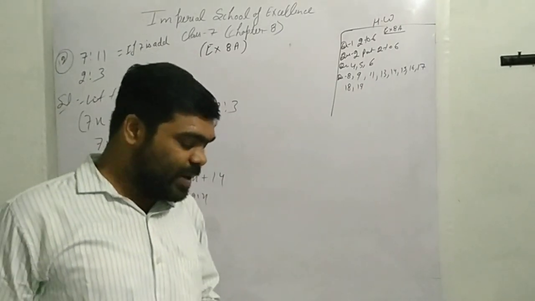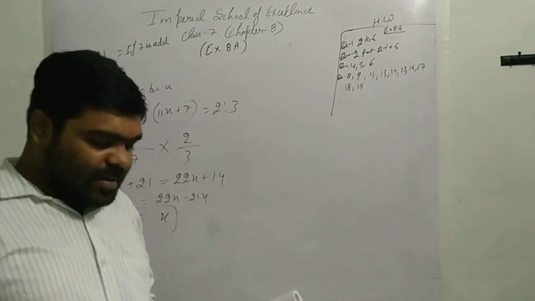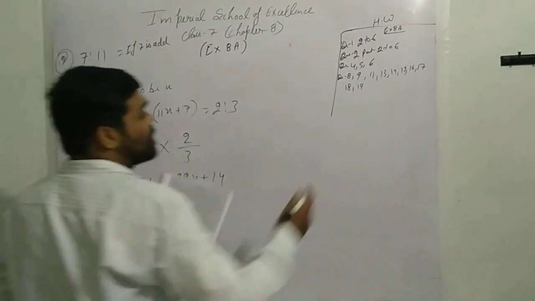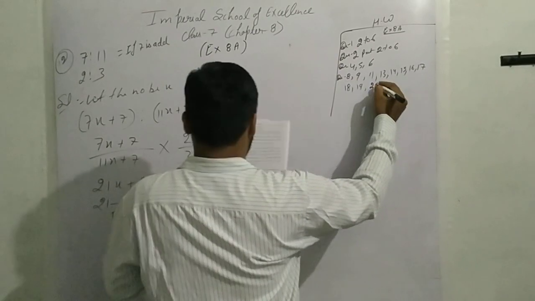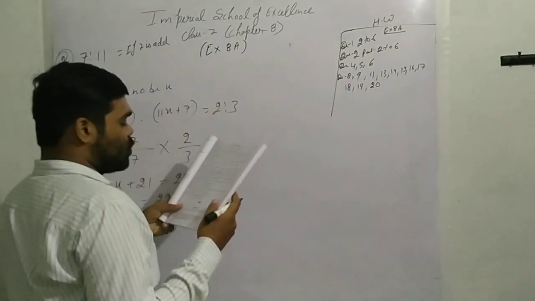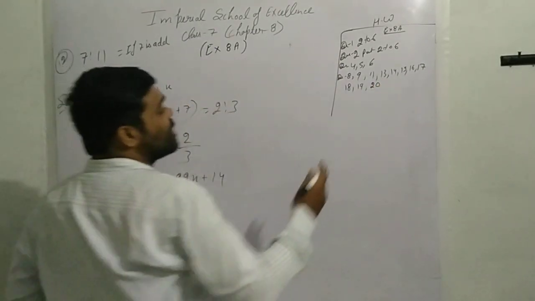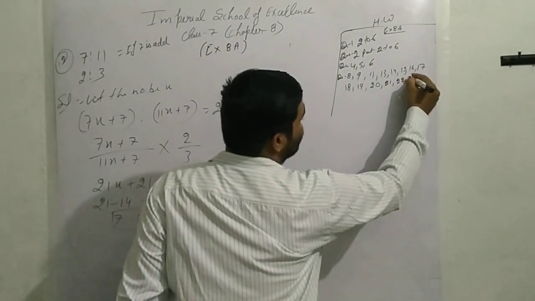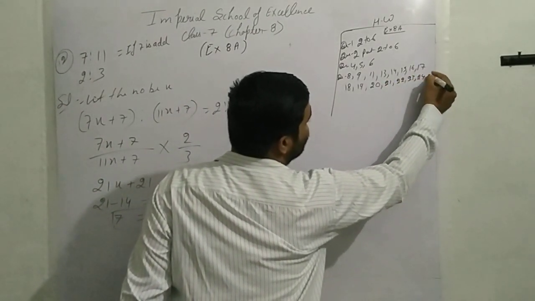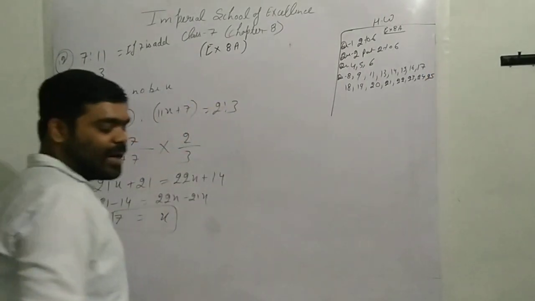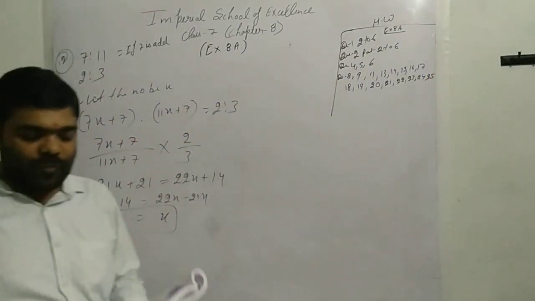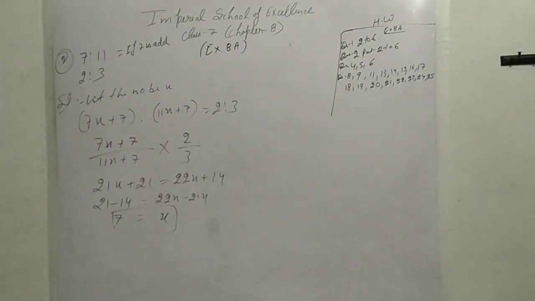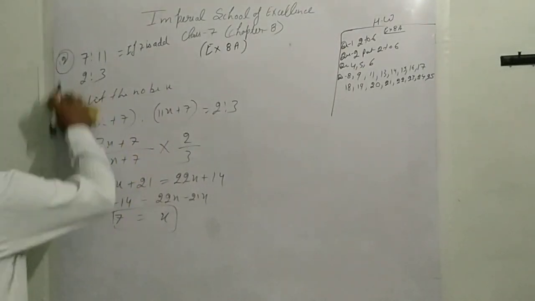Question number 20 is also the same, and up to 25, questions 21, 22, 23, 24 and 25, all questions are the same. You have to find the value of x only in all these questions.